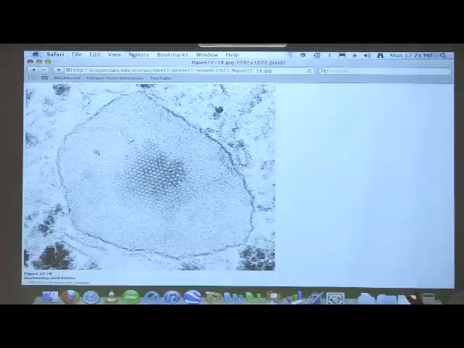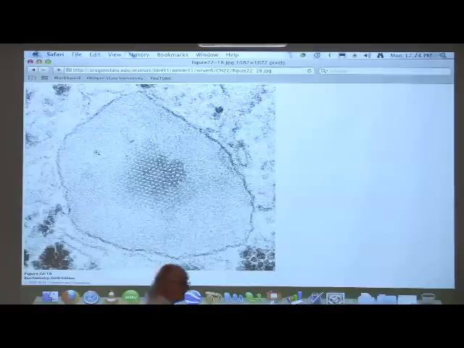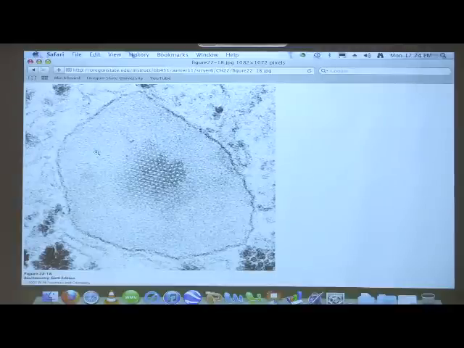The medium one, I said, was the one that was deficient in children who die of sudden infant death syndrome. Okay? It turns out that the one that works on the long fatty acids is only found in the peroxisome. So the acyl-CoA dehydrogenase that only works on long fatty acids is found only in the peroxisomes.